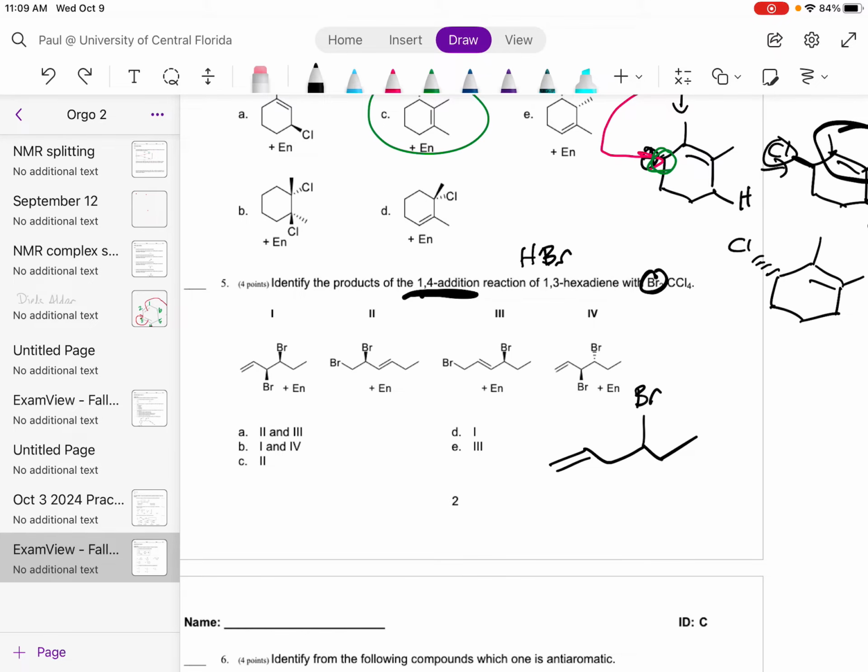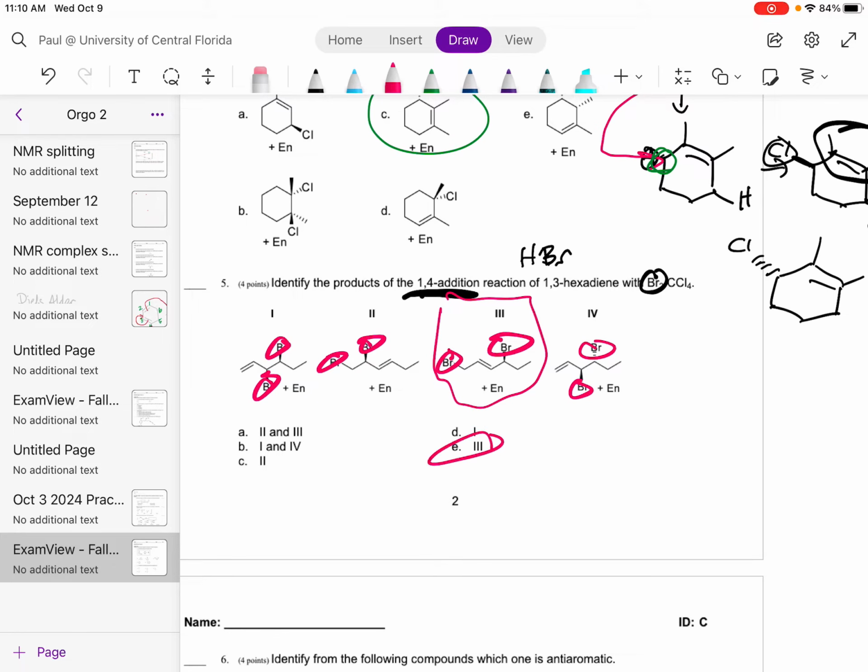So we don't even really need to look at the mechanism for this problem. It's just looking at the answer here. That's a 1,2. That's a 1,4. 1,2, 1,2, 1,2. So the only product here that's in a 1,4 is number 3. So that's answer E.